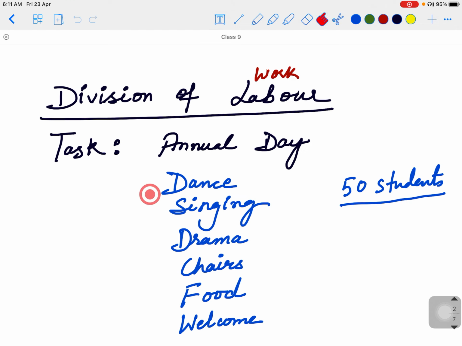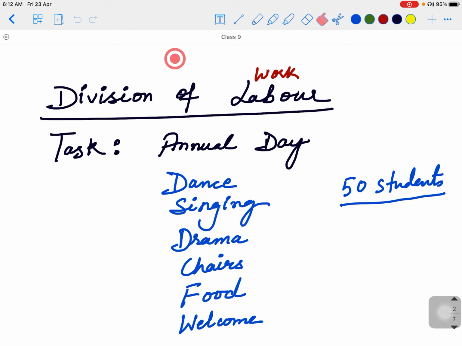Like one group is responsible for dancing, the second group is responsible for singing, third group is responsible for drama, and so on. So if we divide our labor, means the work that we have to do, this concept is known as division of labor. And it helps us to do the task quickly, and the quality of work will also be good. It is a very efficient method.